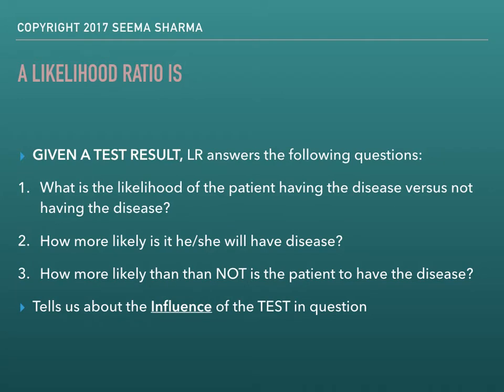One important point about likelihood ratios is that they tell us about the influence of the test in question. I'm going to talk a little more about that towards the end of the video. Another very important point is that they are independent of prevalence.